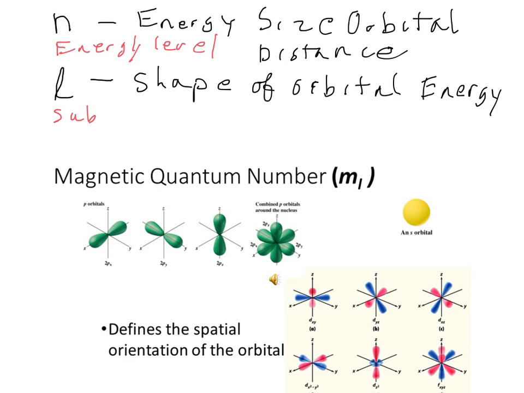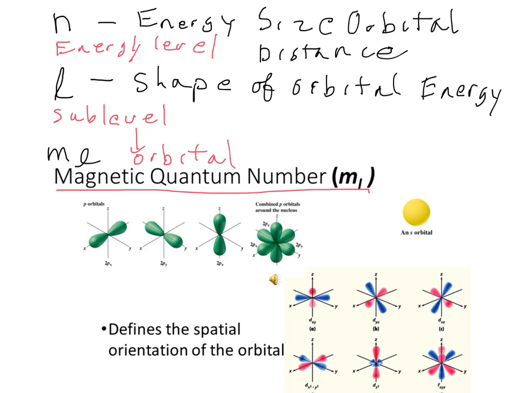Now, every sublevel is divided into orbitals. We identify a specific orbital using the magnetic quantum number. Magnetic quantum number. That's right, magnetic quantum number.